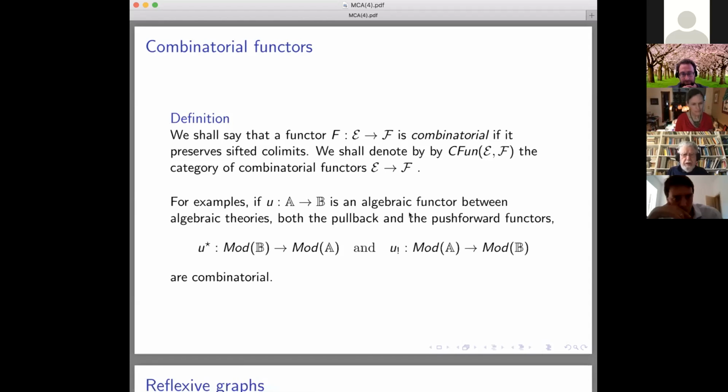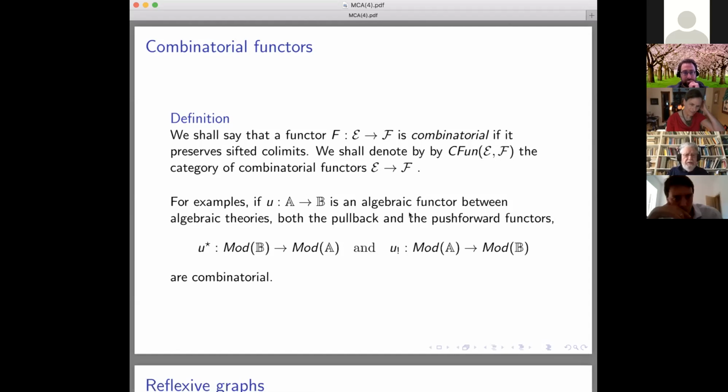If you have an algebraic functor between two algebraic theories, so a functor preserving finite products, then both the pullback and the push-forward functors are combinatorial. It's a very basic fact of the theory of algebraic theories. Of course, the push-forward functor preserves shifted colimits because it preserves all colimits. It's a left adjoint, so there is no surprise there.